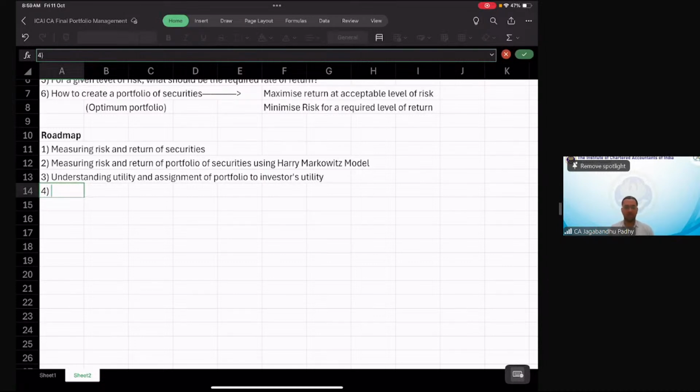And fourth is, once you have this Harry Markowitz model coming up, then we are going to discuss something called as capital allocation line.